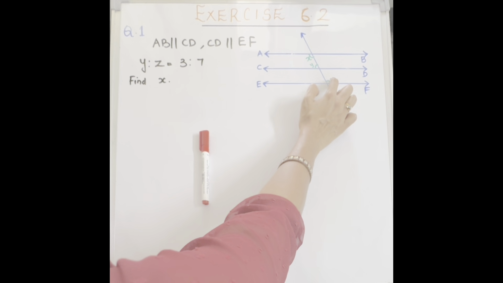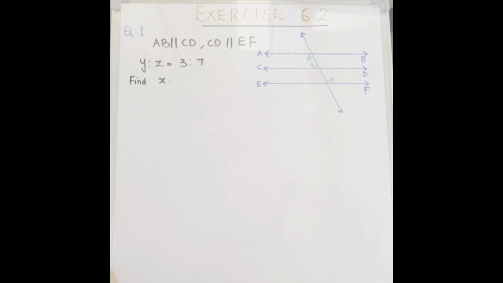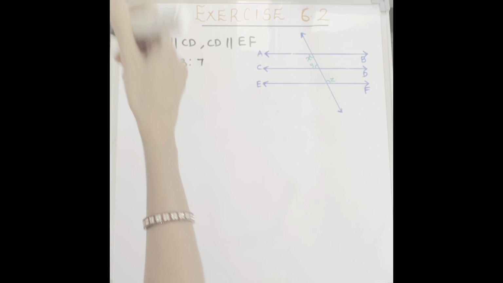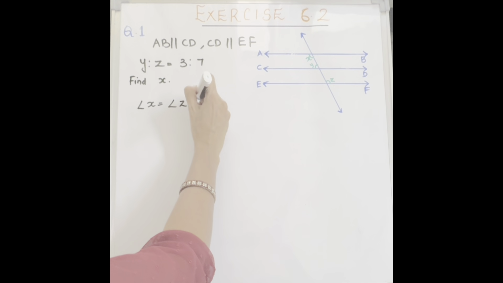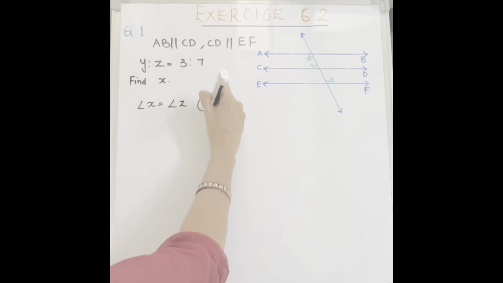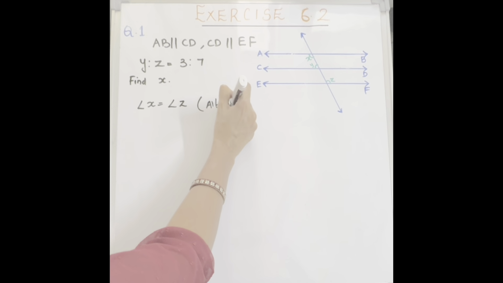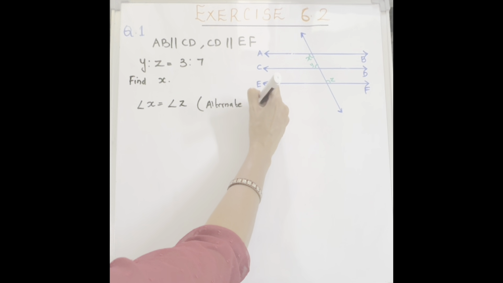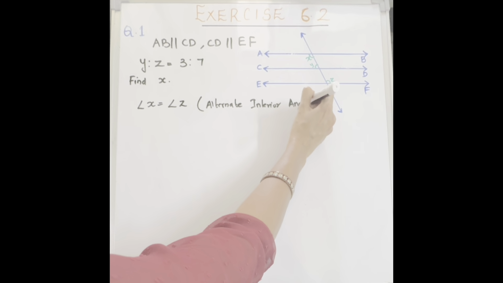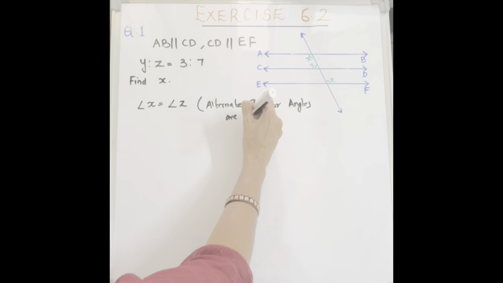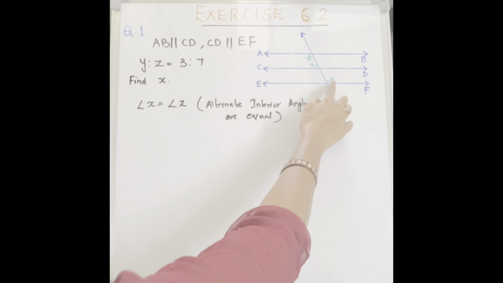So we can say that angle X is equal to angle Z, as alternate interior angles are equal.